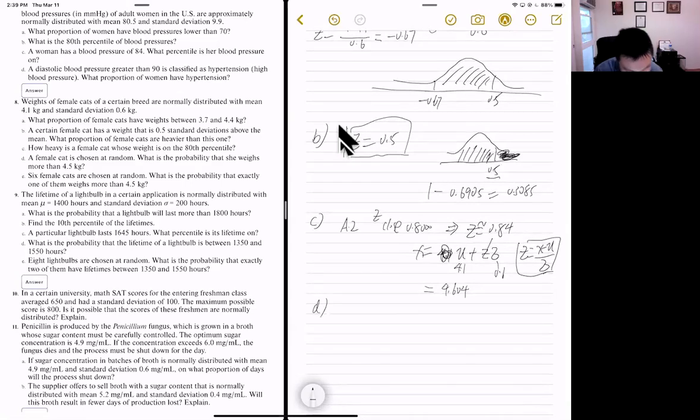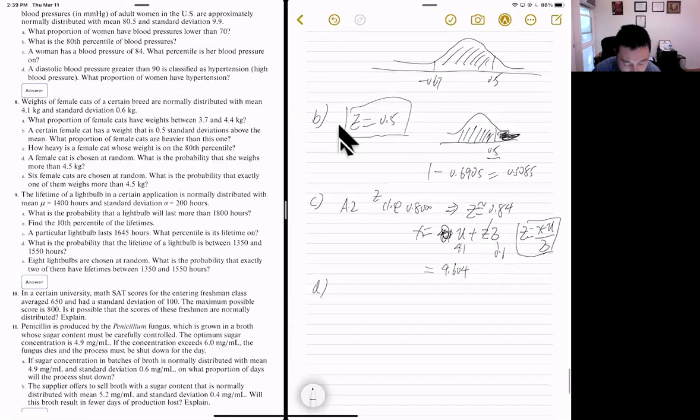Part D. A female cat is chosen at random. What is the probability that she weighs more than 4.5 kilograms? Again, we calculate the z-score for 4.5: x minus mu divided by sigma. The z-score is 0.67.